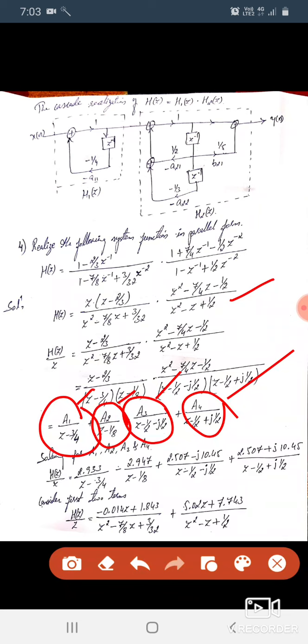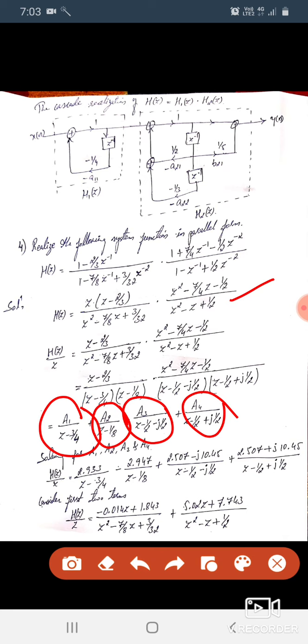After you solve a1, a2, a3, a4, you will get a1 as 2.933, a2 as minus 2.947, a3 as 2.507 minus j 10.45, then a4 as 2.507 plus j 10.45. This is the equation you will be getting.